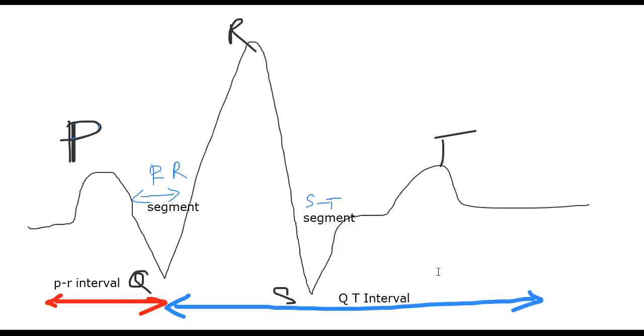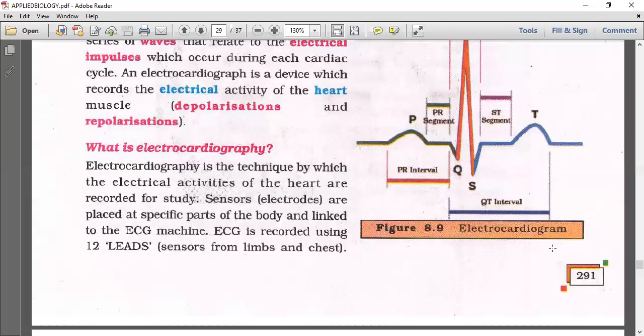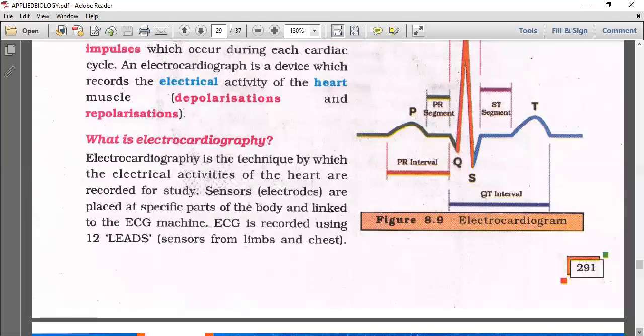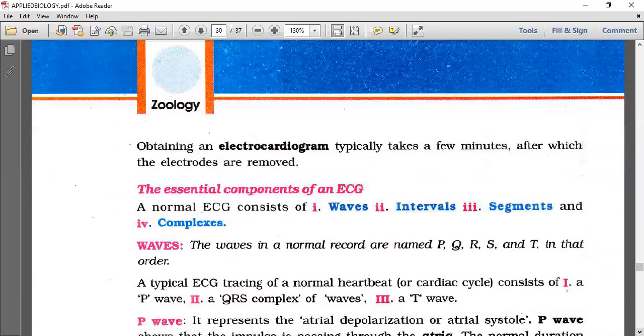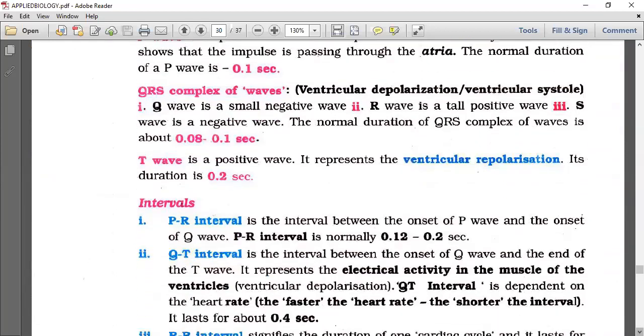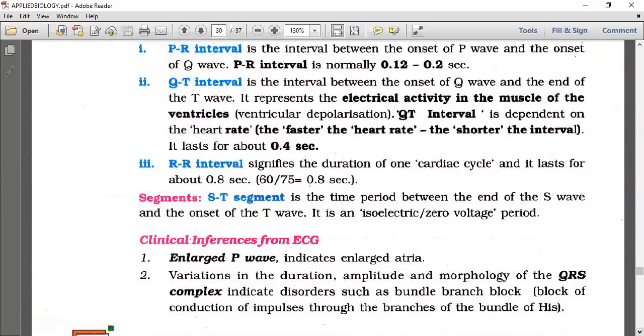I request all of you to practice this diagram today and make the calculations also: the time taken for the P wave, the time taken for the QRS complex, the PR interval, then the QT interval and the RR interval. To draw the RR interval we have to draw another diagram, which means two ECGs we have to draw.